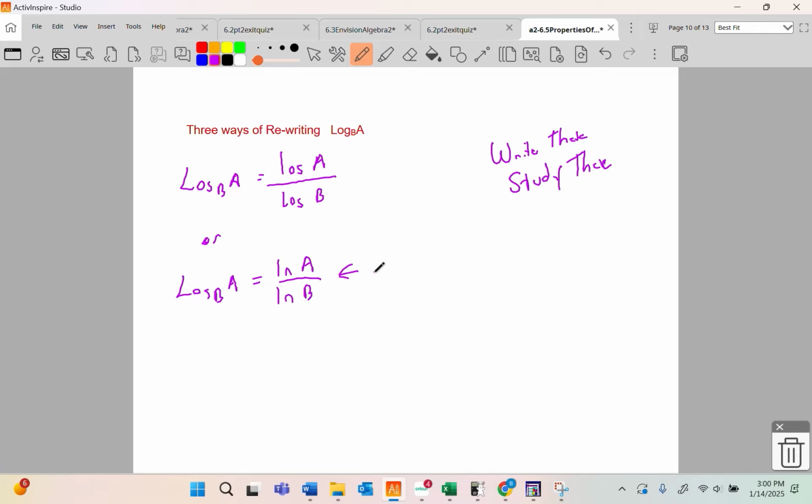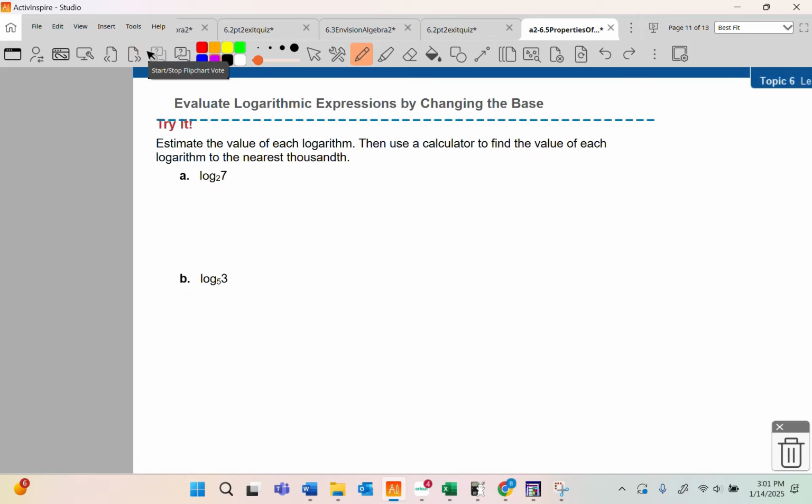And this is probably my favorite. Or we can do what's called choosing a base, which I don't know how big a deal I'll make of that in Algebra 2. Log base c of a over log base c of b. And the c here is a chosen base. Something you choose. It can be anything in the world.